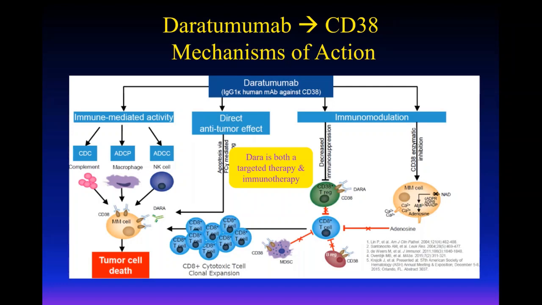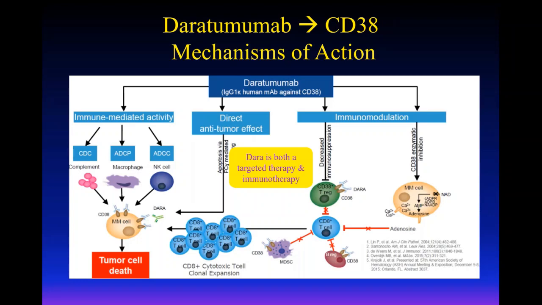Importantly, interestingly, it also modulates the immunosuppressive microenvironment. The reason being that CD38 is not only expressed on the myeloma cell, but it's also expressed on the immunosuppressive cells inside the microenvironment, including Tregs and also MDSC, that's myeloid-derived suppressor cells.